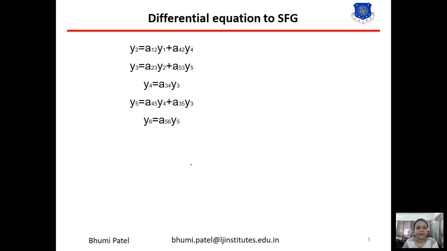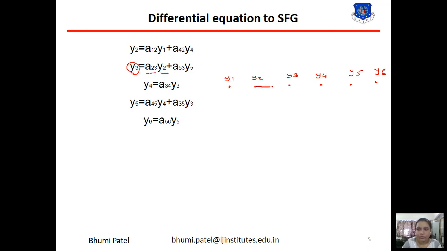Now the second equation is y3 is equal to a23 y2 plus a53 y5. Same here, we put the 6 nodes up to y6. Now the starting point is y2 and the ending point is y3, and the gain is a23.